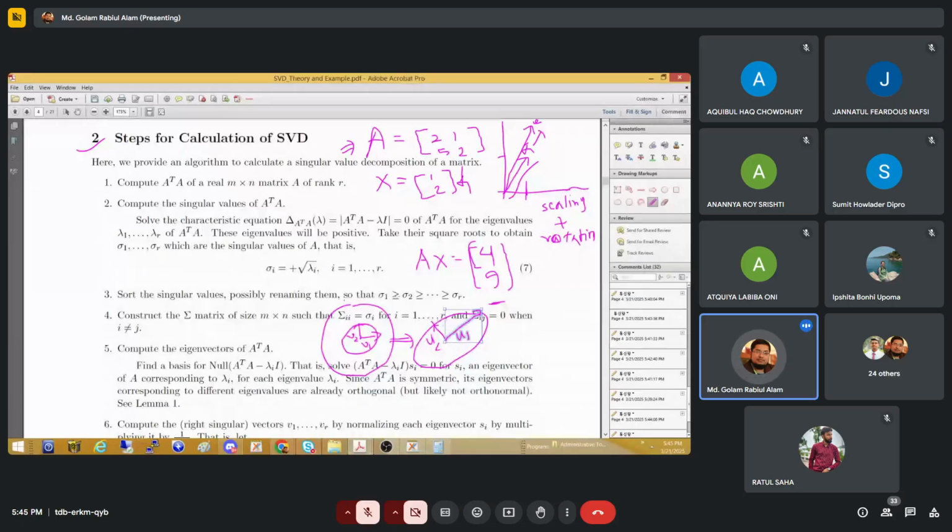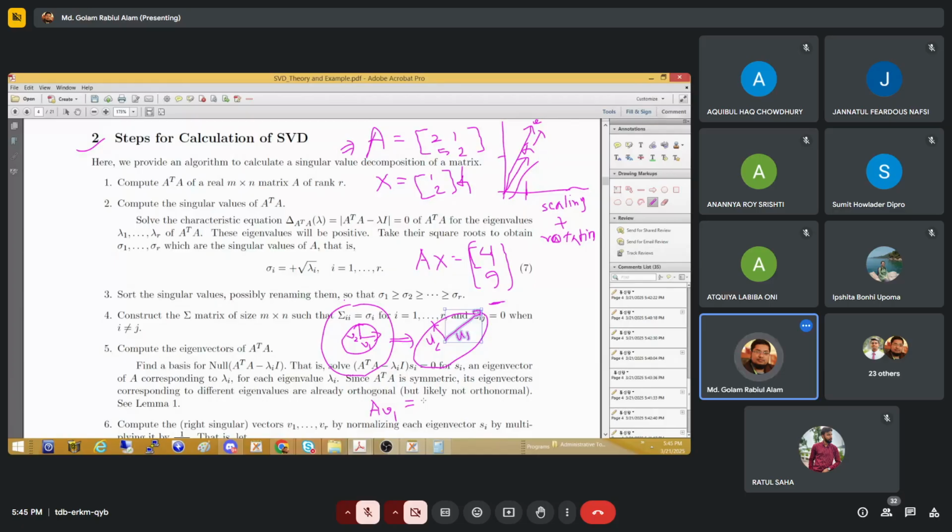So we can represent this phenomenon like this. In our case we have orthogonal v1 and v2. If we think about A, our matrix, and we multiply it with one of the vectors, that is v1, then usually what we will get is scaling.